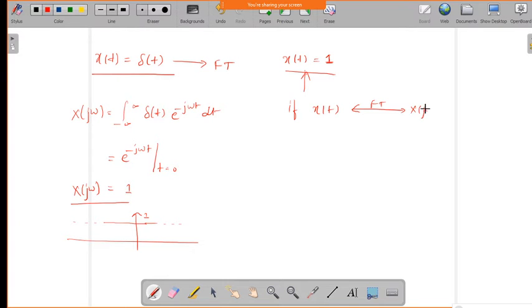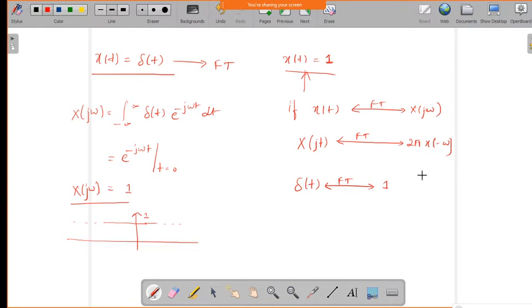Now with the duality property, if you have X of jt, its Fourier transform is given by 2 pi into x of minus omega. This we have known. Now substitute the value of x of t. We have the Fourier transform of del of t equal to 1.